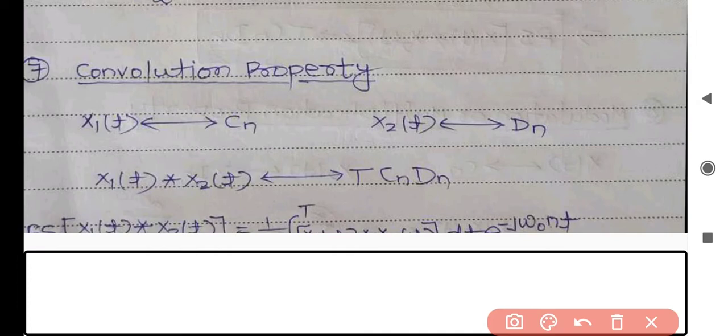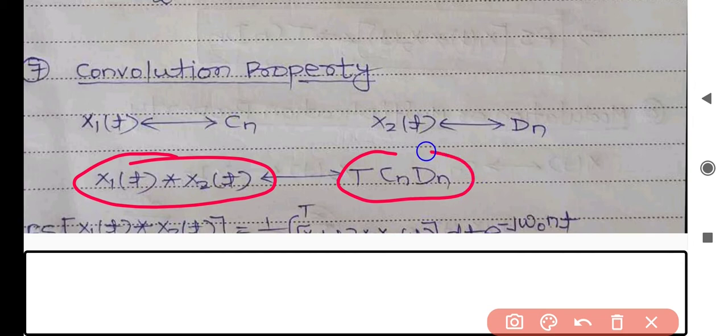It indicates that if x1(t) produces a coefficient Cn and x2(t) produces a coefficient Dn, then x1(t) convolution x2(t) will produce the coefficient T times Cn into Dn, where T is the fundamental time period of the given signal.